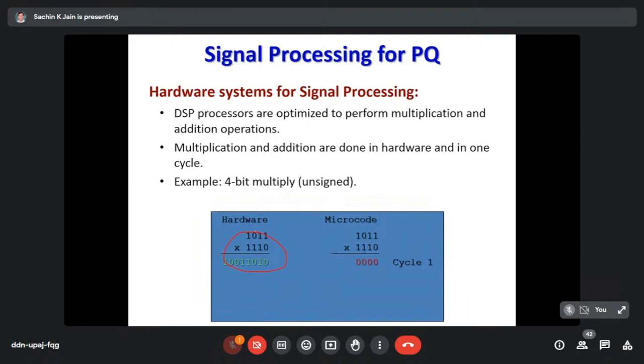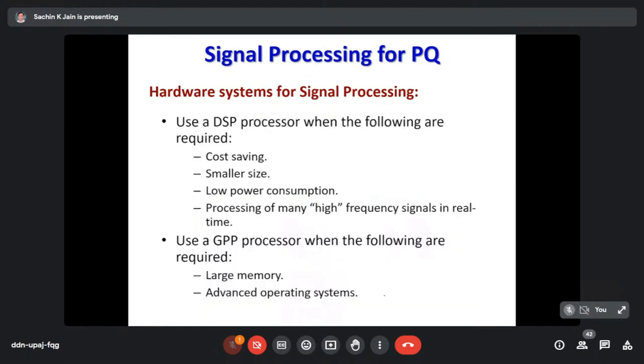But if you are using general purpose processors or MATLAB or any other computing language like C, it will compute multiplications in different cycles. So it will involve 5 cycles to compute this. It means your time is more, and computational resources will be more. So we use DSP processors when we require cost saving, smaller size, lower power consumption, or processing of many high frequency signals in real time.